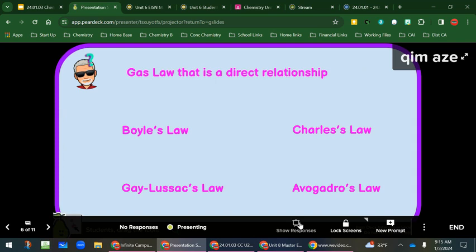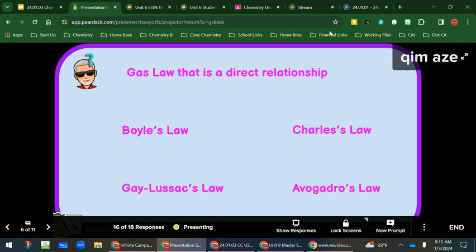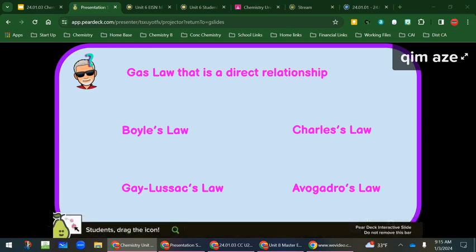Gas law that is a direct relationship, ladies and gentlemen.